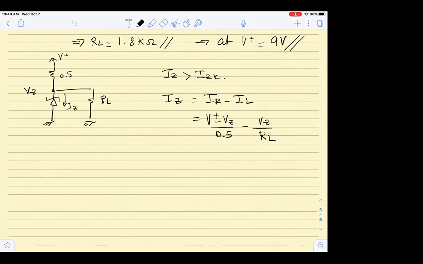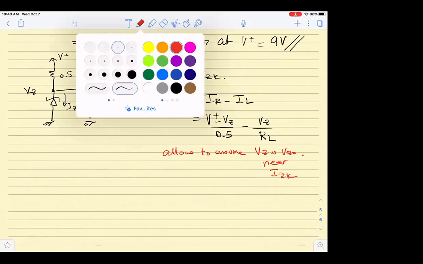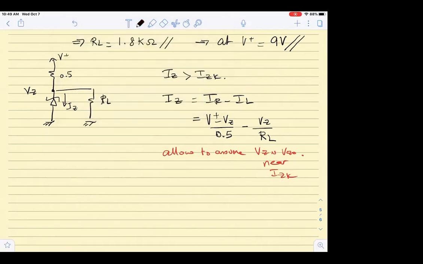If I allow myself to assume that V Zener is approximately VZ0, because I am in the vicinity of IZK, near IZK, then what is the relation between IZ and RL?